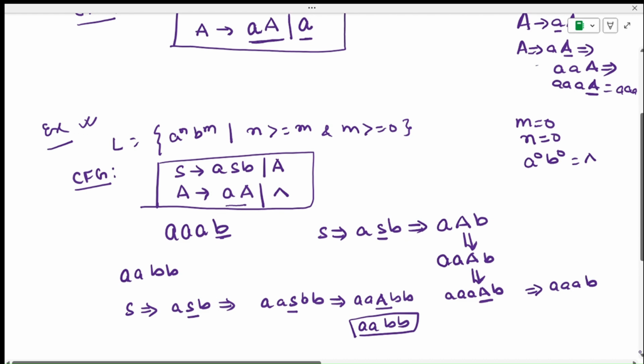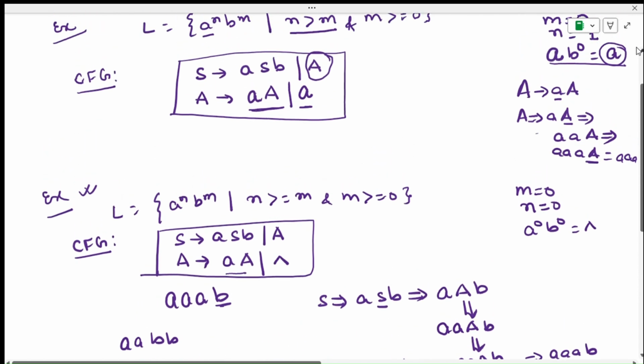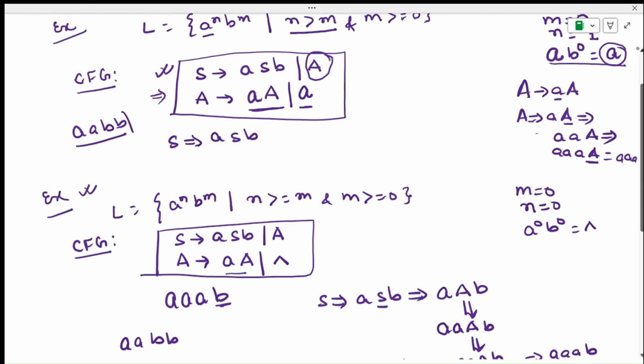Now I'll take you back to the previous example and try to derive equal numbers of A's and B's from that grammar. Try to generate double A, double B from the given grammar. Let me check this. First step, replace this with aSb. Now I want it one more time, so I will replace this with aSb.